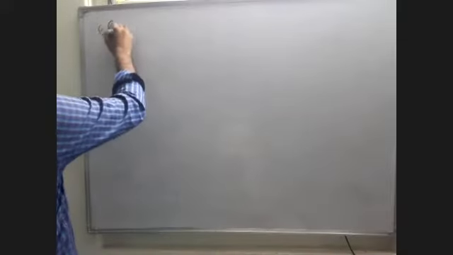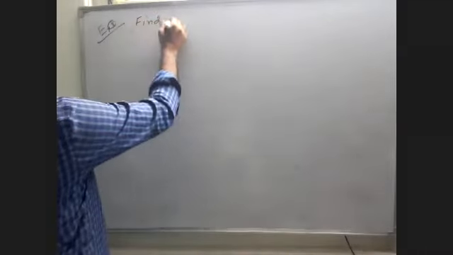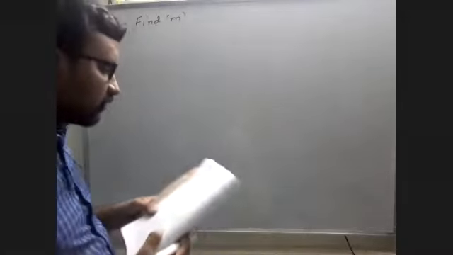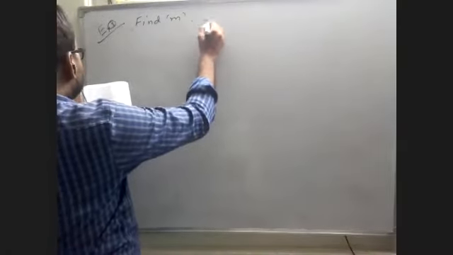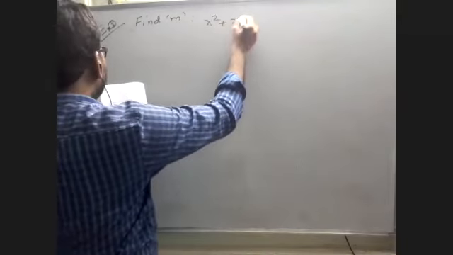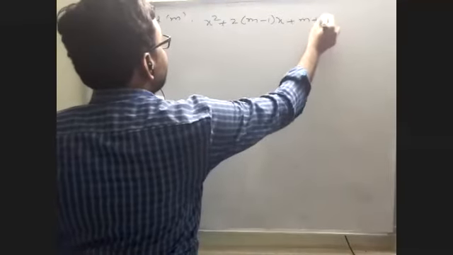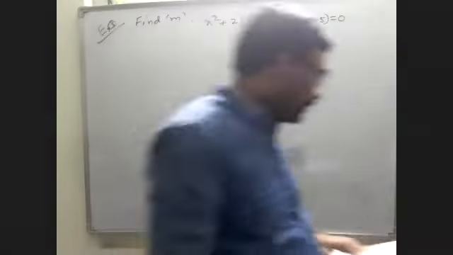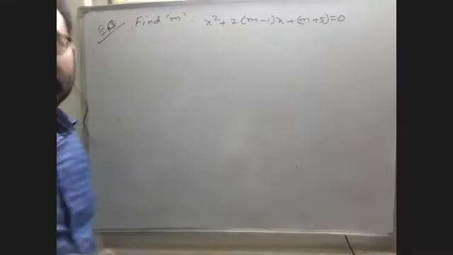Example 3, without solving the following quadratic equation, find the value of m for which the quadratic equation x square plus 2 into m minus 1 into x plus m plus 5 is equal to 0 has real and equal roots.